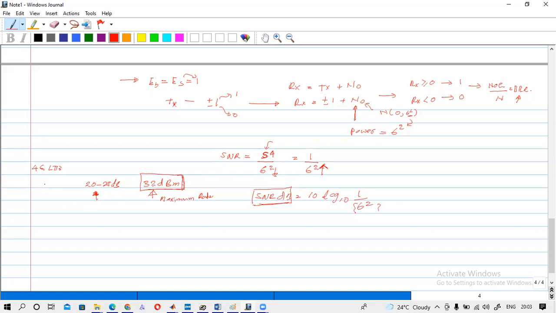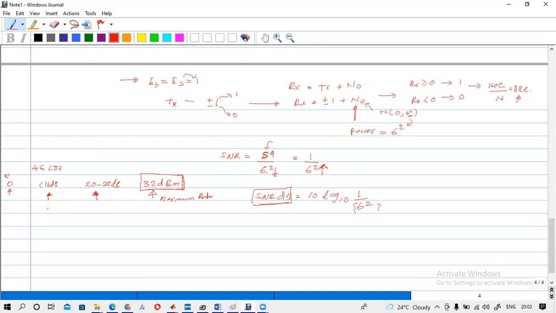If it is less than 16 dB, it is not much good, but still we can achieve some performance. What does SNR dB equal to 0 mean? It means the signal power and the noise power are the same, because the ratio is 1 and its log is 0.